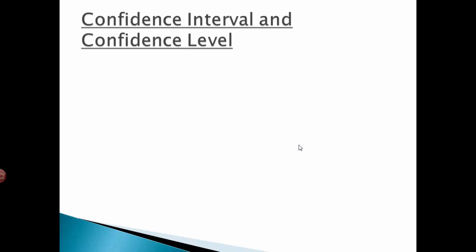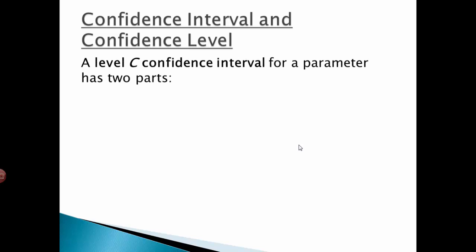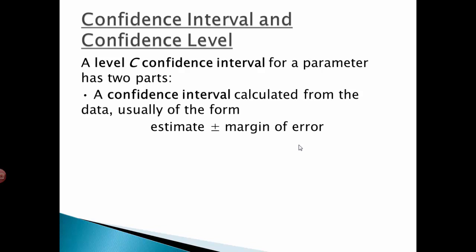So here's our definition of confidence interval and confidence level. Okay. We say a level C confidence interval for a parameter has two parts. The first part is its confidence interval. Okay. And that's calculated from the data, usually in the form of an estimate plus or minus a margin of error.